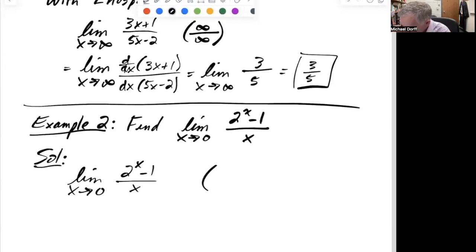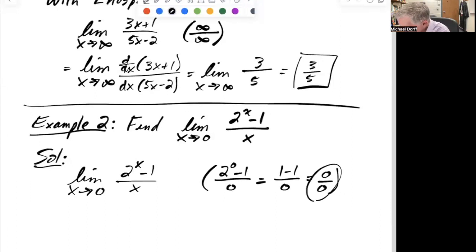Okay, so if I do direct substitution, I'll have 2 to the 0 power minus 1 over 0. Let me fix that here. And what is that? 2 to the 0 is 1, so I have 1 minus 1 over 0, which is 0 over 0, which is an indeterminate form.